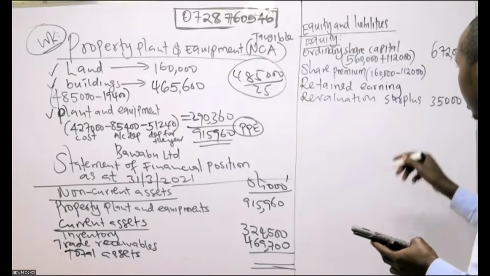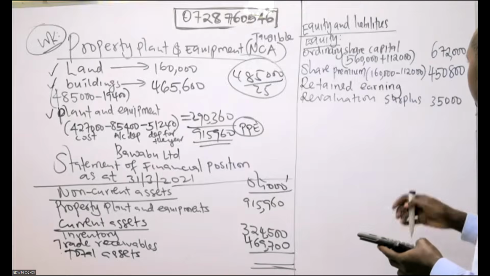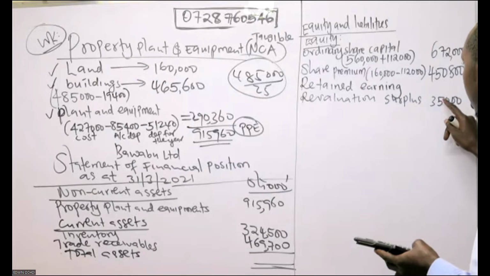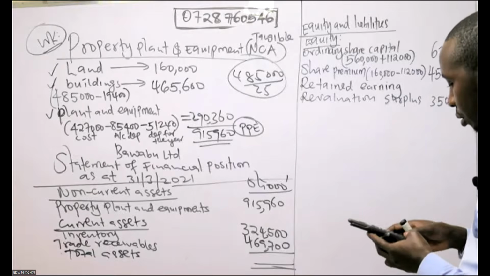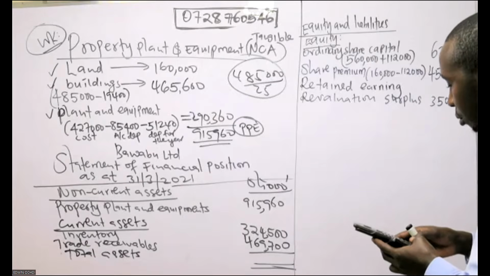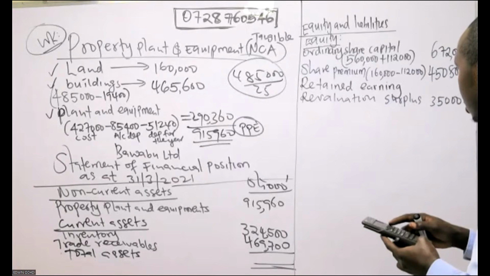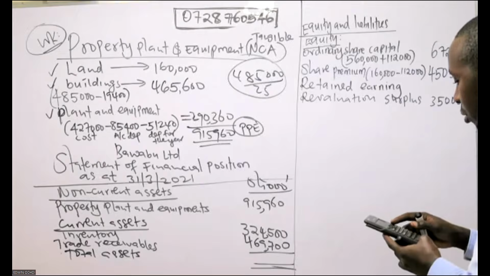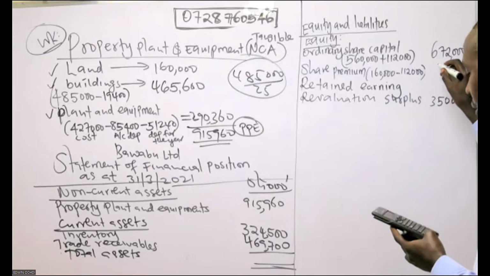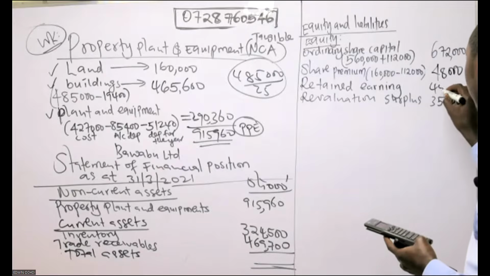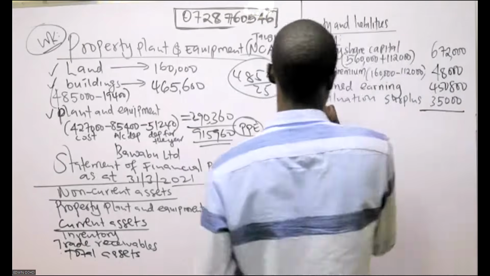This is just above this, before adding 35. The 4,800 is the retained earnings, not the share premium. Oh, this one is 48, and for 5,800. This is total equity.